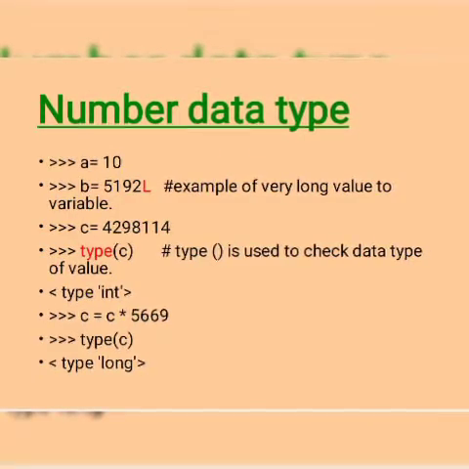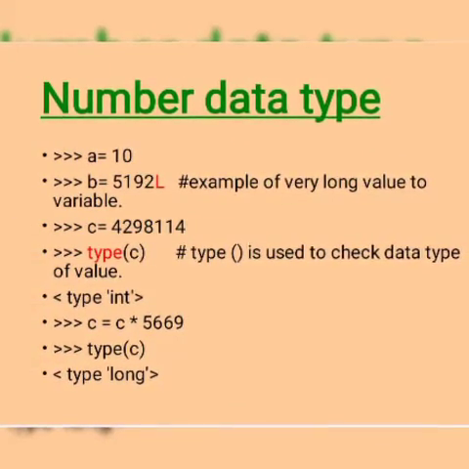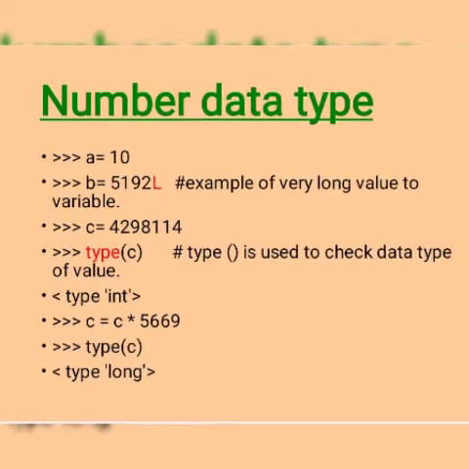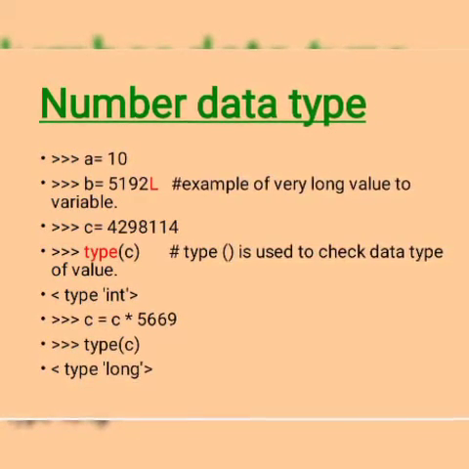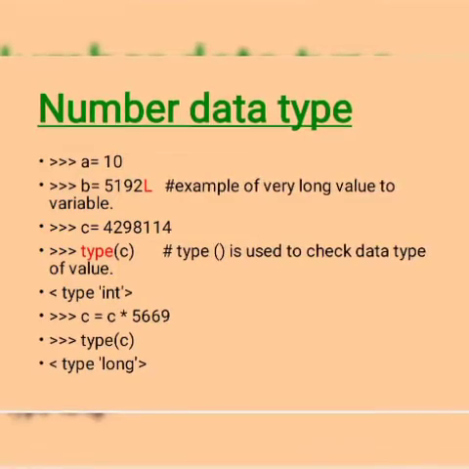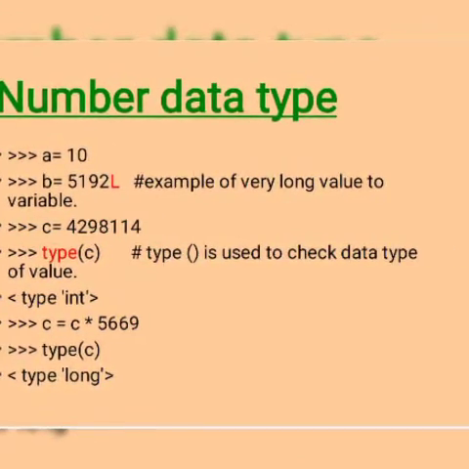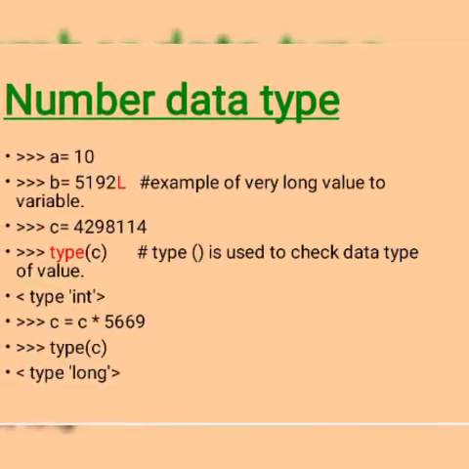Then we have b is equal to 5192L. L is for long, because this is a large integer number, so we have appended L at the end of the number.